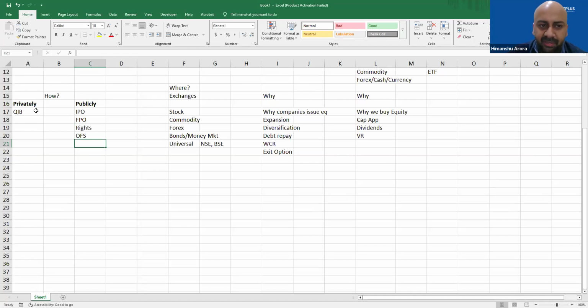So IPO, FPO, rights, OFS, bonus issue, employee stock ownership plan, buybacks. Some of these were given to me. I do not specifically recall which were given to me. Stock split.